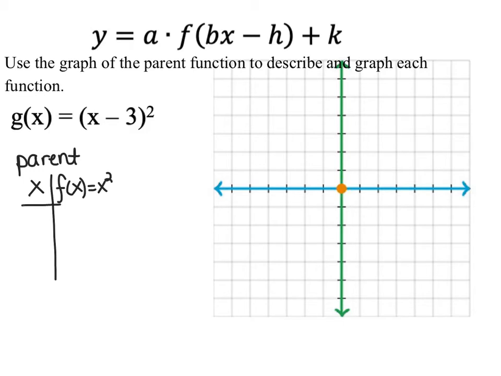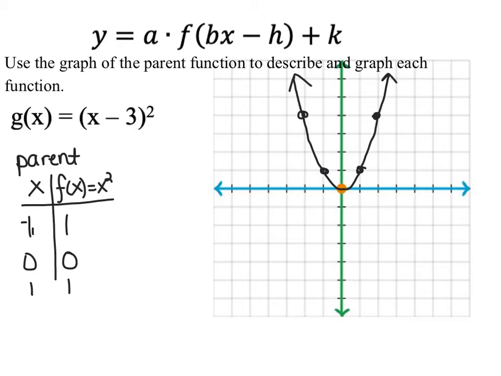And if I think about some critical points needed to graph that, if I square -1, I get +1, square 0, I get 0, square 1, I get 1. To graph this, you do 2, 4, and -2, 4 to make a smoother curve. Here's my parent function.